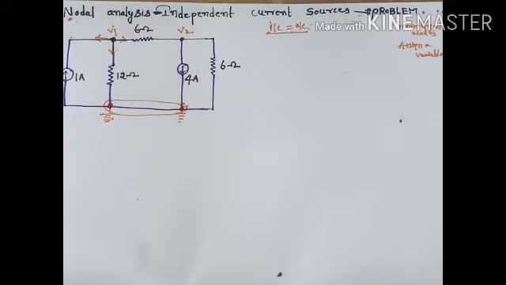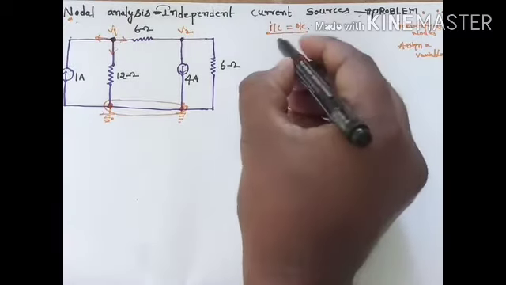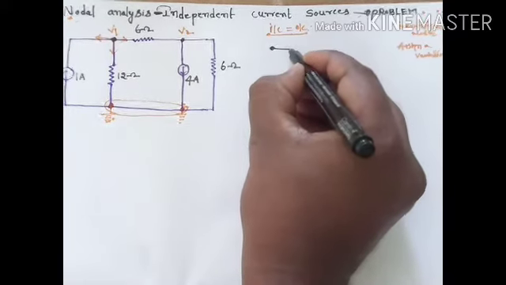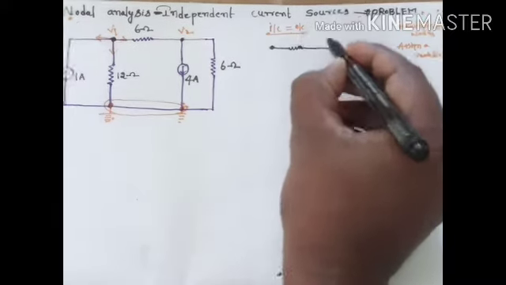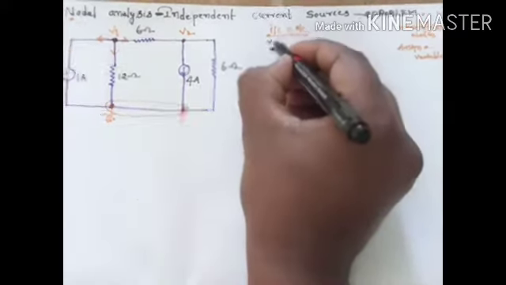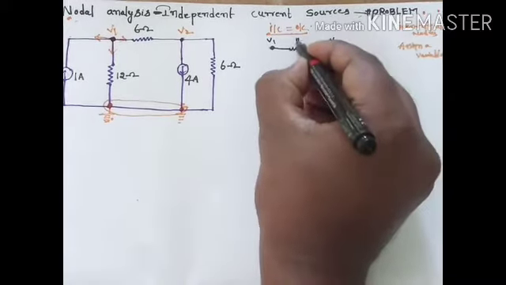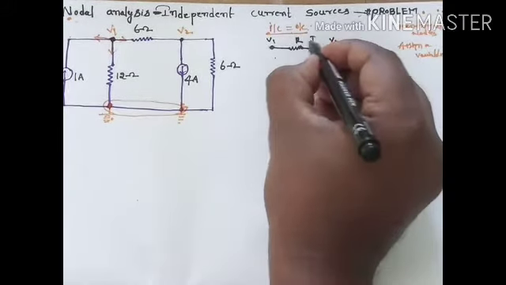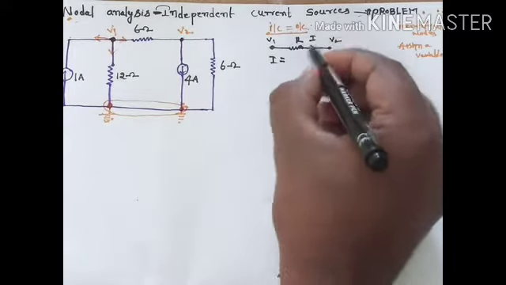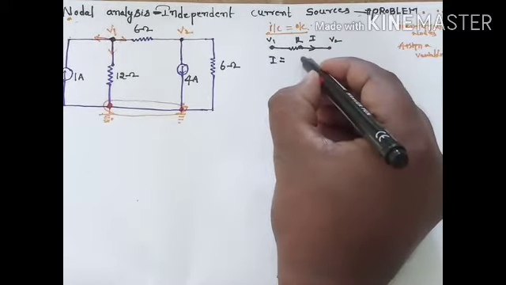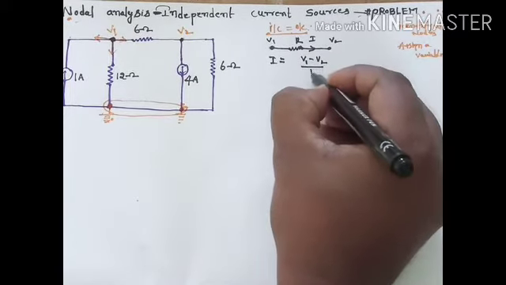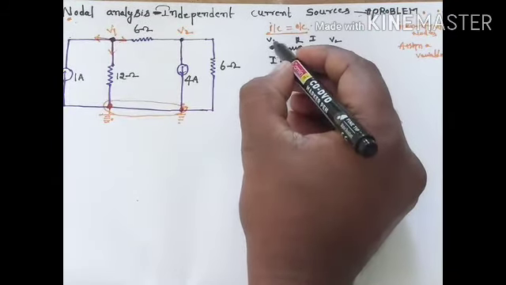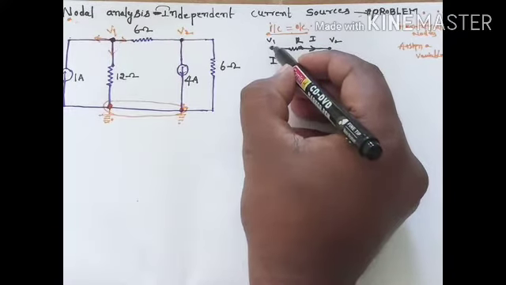For example, if you have a resistor like this, with V1 on one side and V2 on the other, and the current R flows along this direction, then based on Ohm's law the current is the potential difference across the resistor, V1 minus V2 by R. One thing to remember: if you are considering V1 as the node, it has positive polarity.